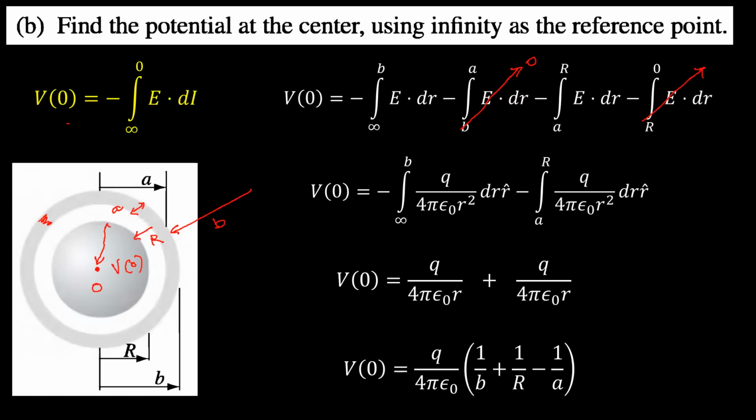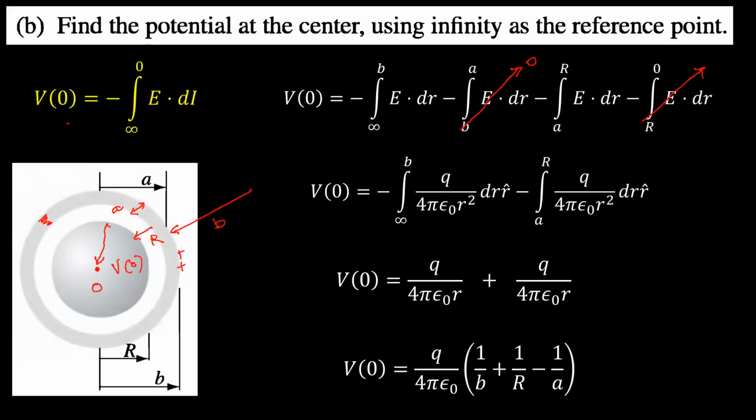Because there is no charge enclosed inside it, so it will be 0. Only first and third. First, between infinite to P, at P you have charge Q. I have explained in the previous section.